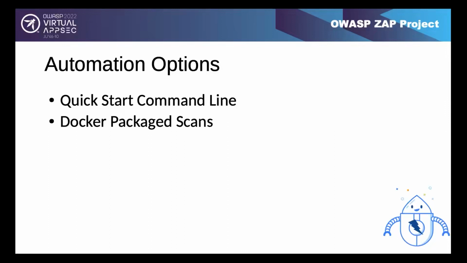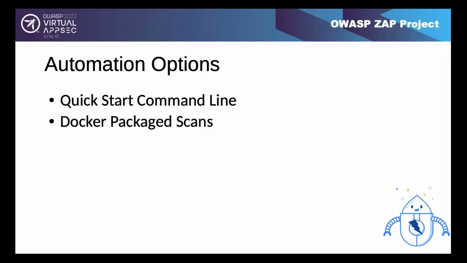We've got the baseline scan, which is a very simple explore of ZAP using one or both of the spiders, and then passive scanning. So it's actually quite quick, which means it's very good to include in CI/CD. We also have an API scan where you can import your API definition, whether it's OpenAPI, SOAP, GraphQL, anything like that.